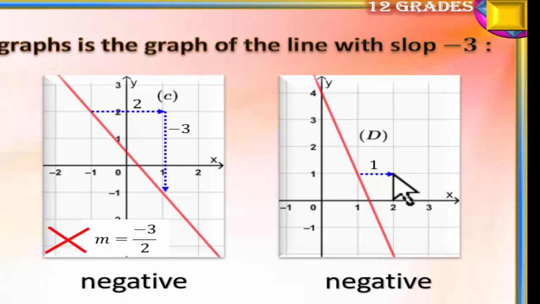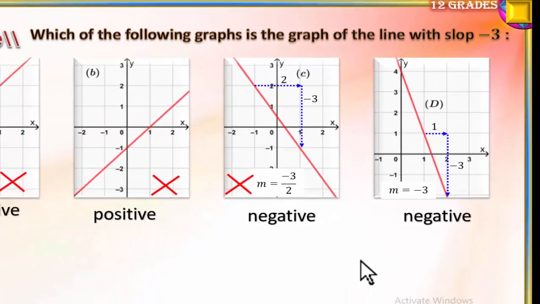From the end of this vector, draw a perpendicular vector on the x-axis. You can see it is 1, 2, 3, -3. Then the slope of this line is -3 over 1, which equals -3. Then the correct answer is D.